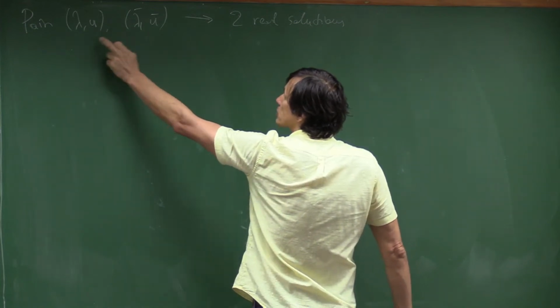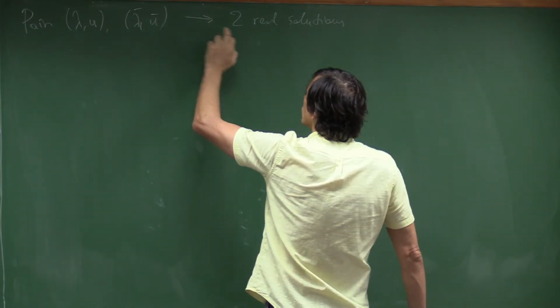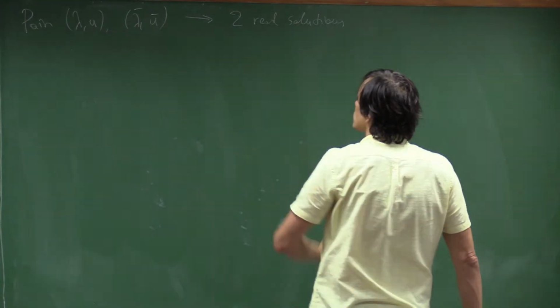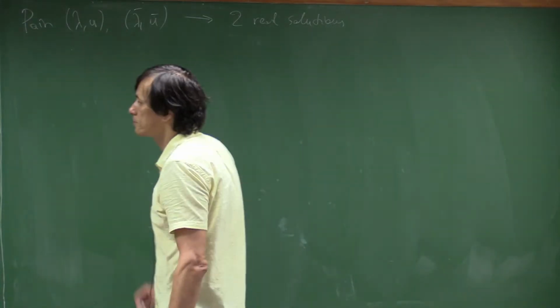So a pair of complex conjugated solutions, in the complex form, can also be associated to two real solutions.